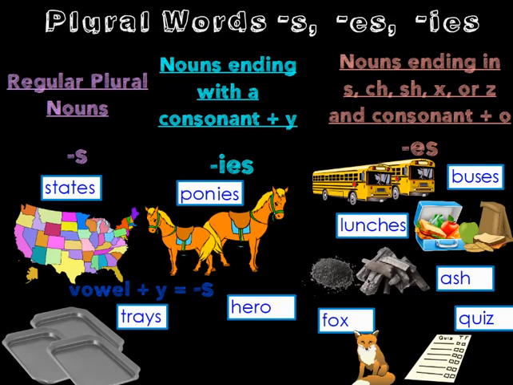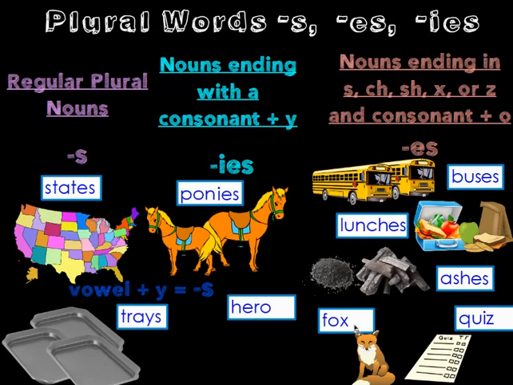Like when you burn wood in a fire pit, what's left over is the ash from the burnt wood. When you have a pile of ash like this, we call them ashes. To make this word plural, we have to add ES, just like this.